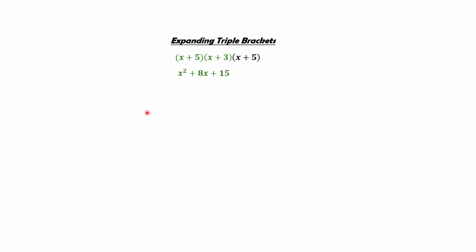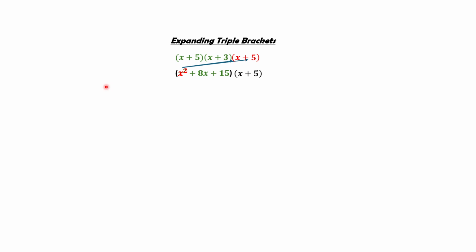So we now just multiply this by x plus 5. So we start with the x squared, we multiply it times the x, and then times the 5. So we'll get x squared times x and x squared times 5.